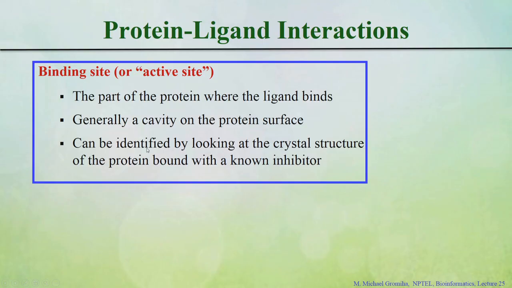If you look at the crystal structure of a protein bound to an inhibitor, and you remove the inhibitor, you can see there is a cavity where the ligand was bound to the protein. So, you can look at the structures to see this binding site, and also there are several computer programs available. In this case you can give the PDB structure and identify the binding site of any particular protein.